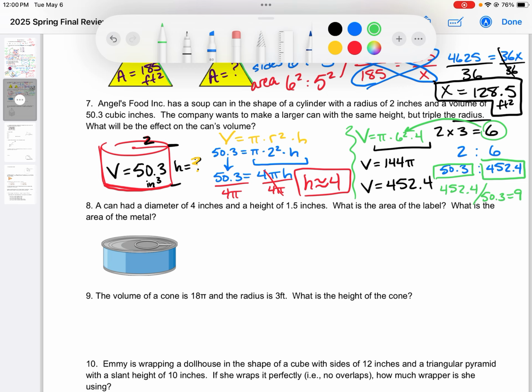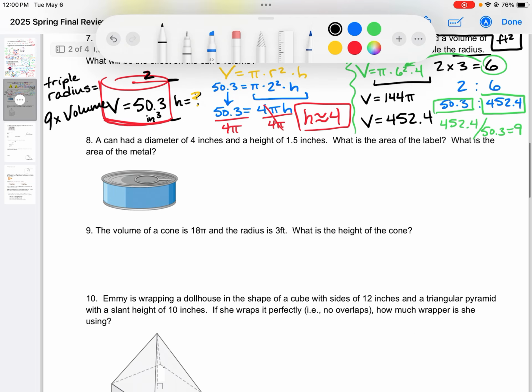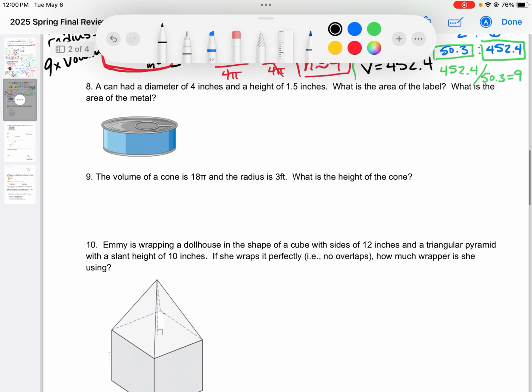That means it is 9 times bigger. So the way we would conclude that is we would say triple radius equals 9 times volume. So we tripled it, and our volume went up by 9, like a factor of 9.